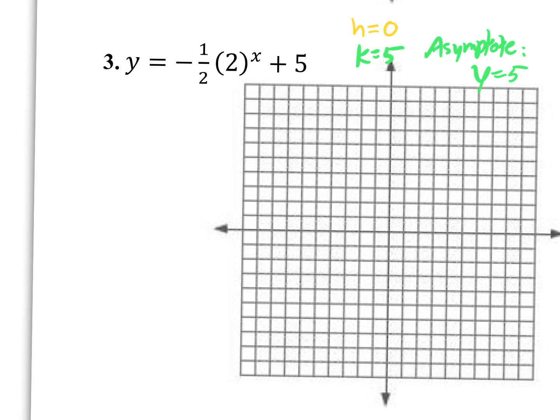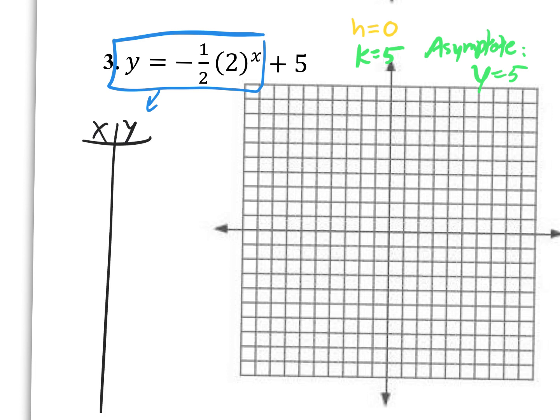But right now, since we already identified h and k, I can now ignore h and k and just focus in on this and make an input-output table for it. Use consecutive integer inputs, -3, -2, -1, 0, 1, 2, 3. And I am going to plug in the easiest number, 0, into the boxed-in function.